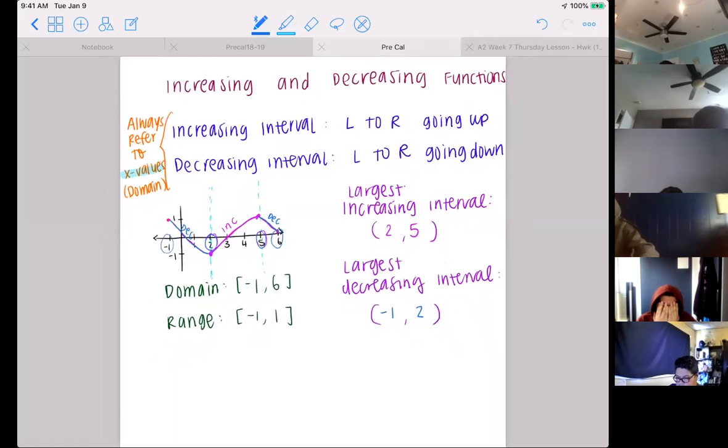Okay. So I'm gonna have you guys look at your homework questions real quick. I'm gonna stop right here. So let me share my homework screen with you.